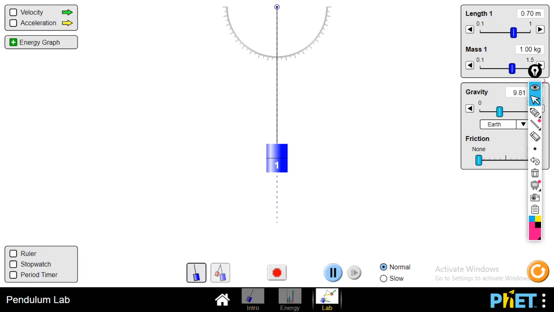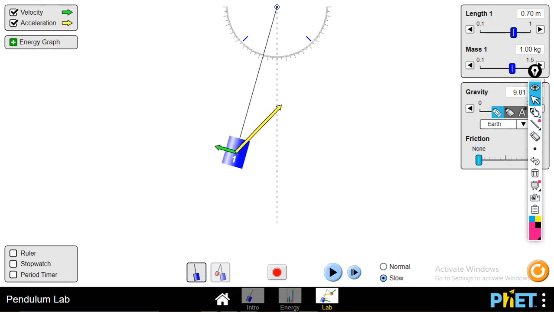Suppose here I have an option right now. If we make this swing, here we can see two arrow marks. These two arrow marks are representing, the yellow arrow mark is representing acceleration and green is representing velocity.